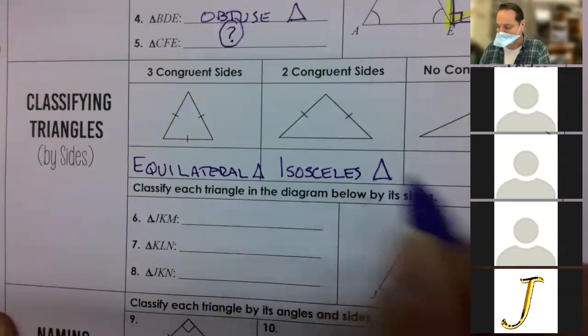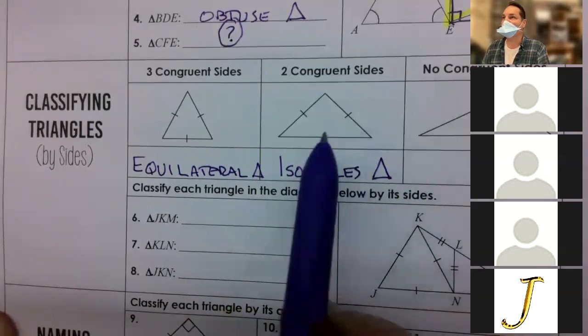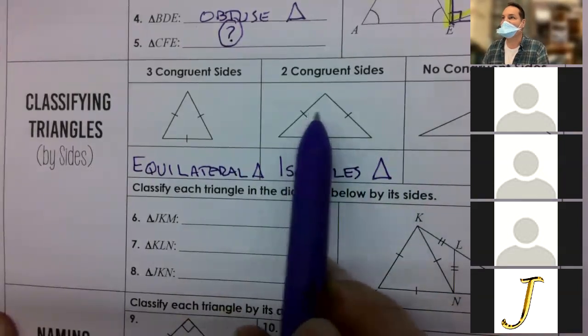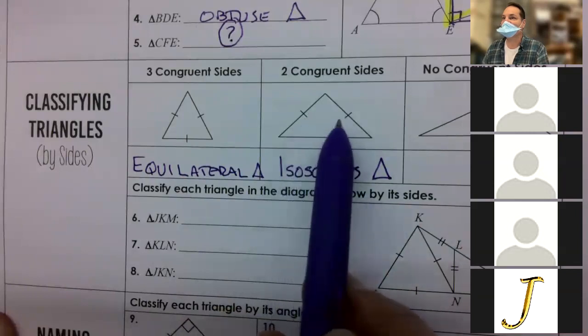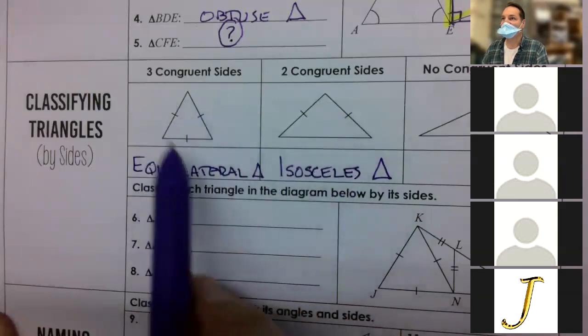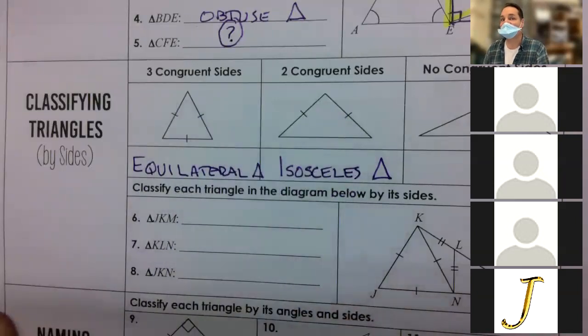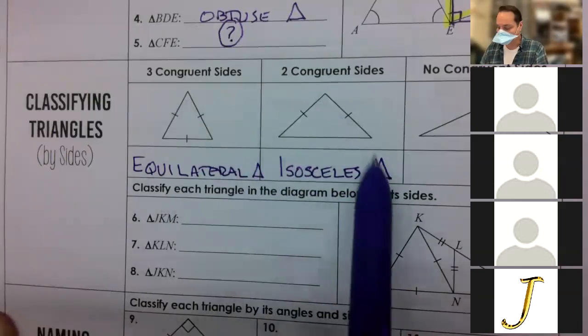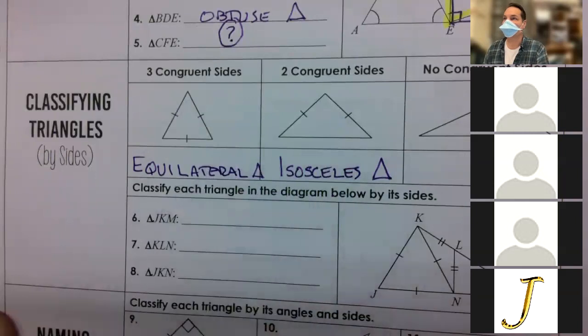And I'll tell you, there's always a debate in the world of geometry about whether isosceles is defined as exactly 2 sides congruent, or whether it's defined as at least 2 sides are congruent, which means equilateral is also a specialty type of isosceles. I do prefer that definition, because everything that's true about isosceles triangles is also true in equilateral triangles.